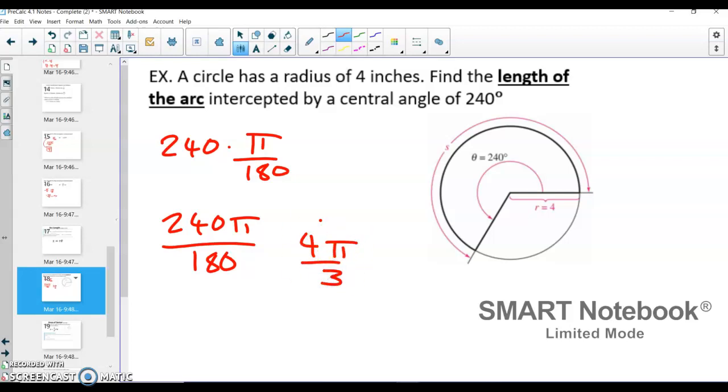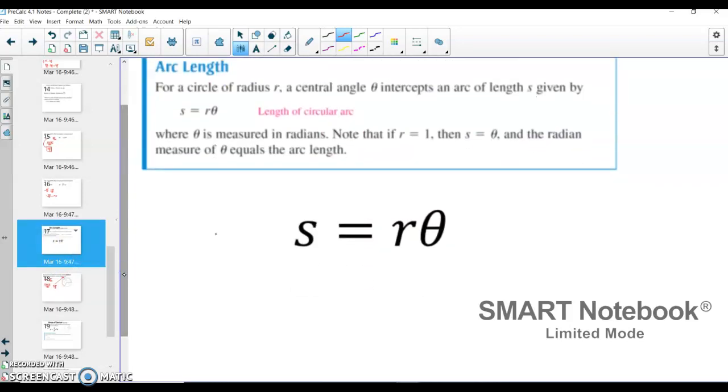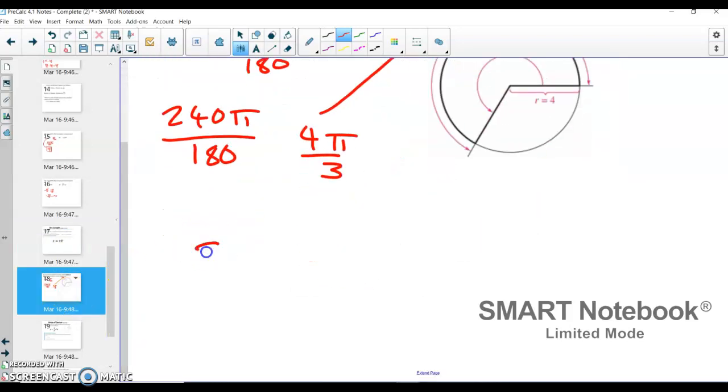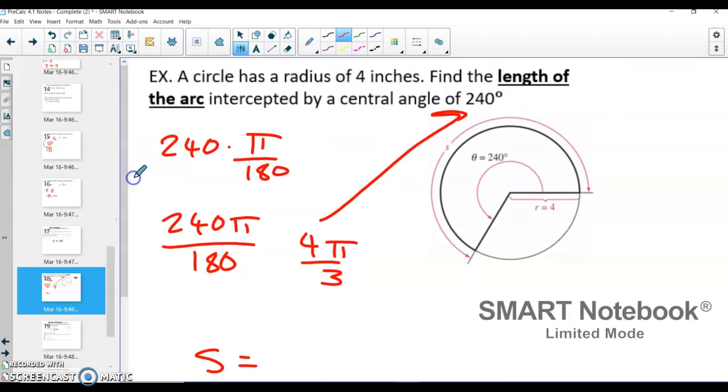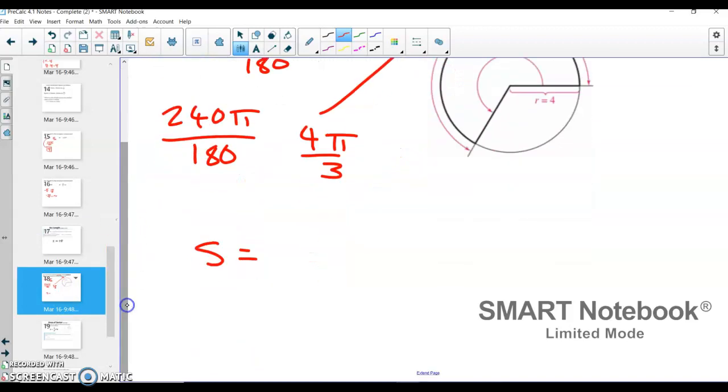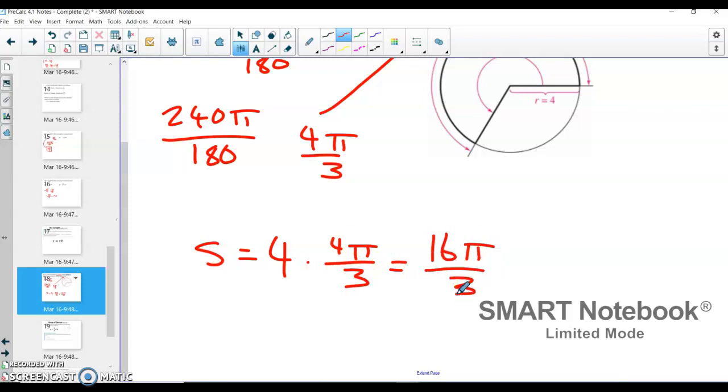Same thing as 240. Okay. Using my formula here, I can say that S equals the radius, which in my case is 4 inches, 4 times my theta, and my theta is 4 pi over 3. When I multiply here, I get 16 pi over 3. And I believe that's in inches.